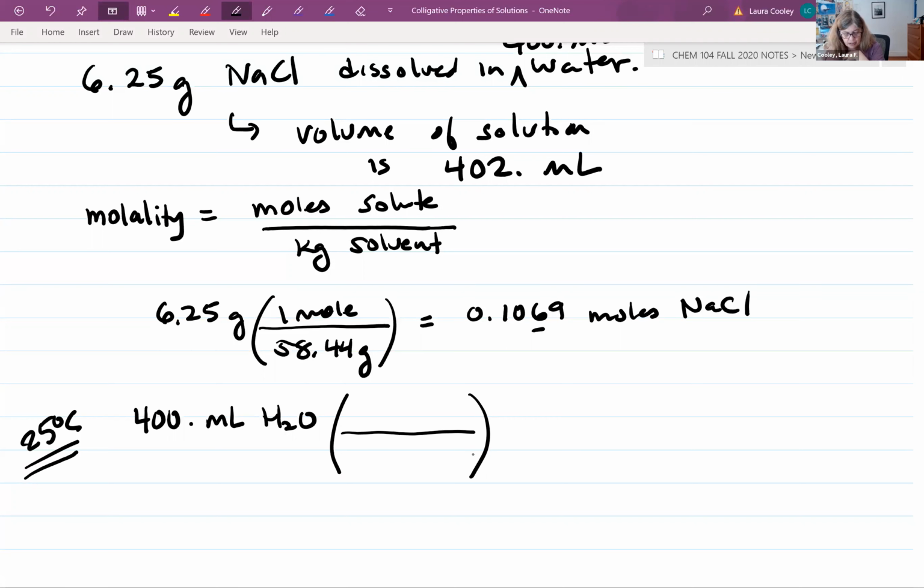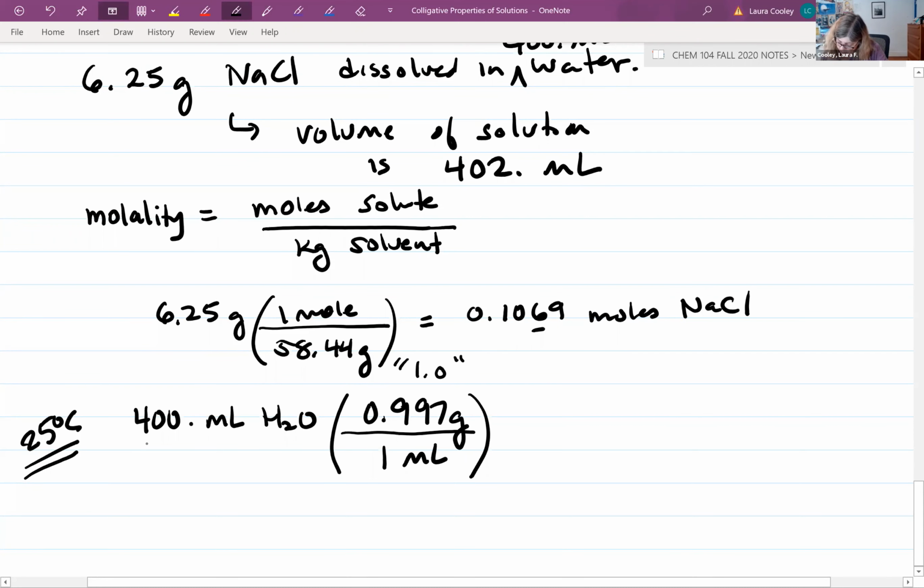It's actually 0.997 grams per milliliter. And I don't want to lose significant figures by calling this 1.0, because then I'd only be able to keep 2. But I have 3 sig figs here, and I want to keep all 3. So if you do this, it comes out to 398.8 grams, which I would round to 399 if I were just stopping there.